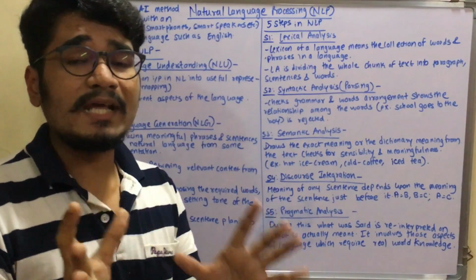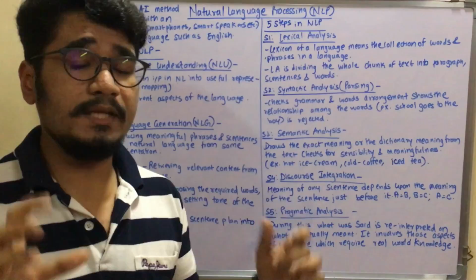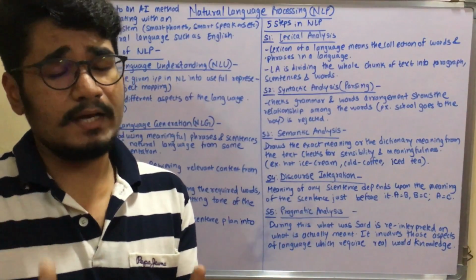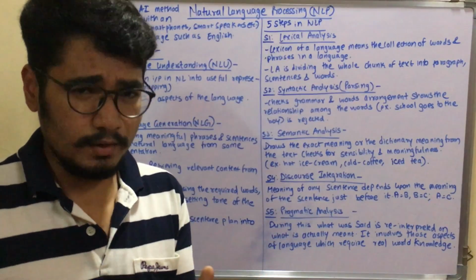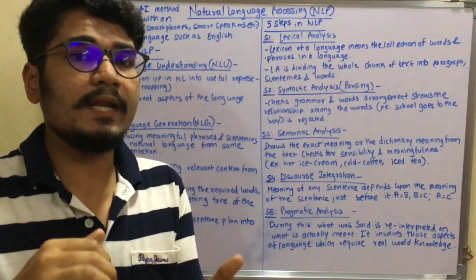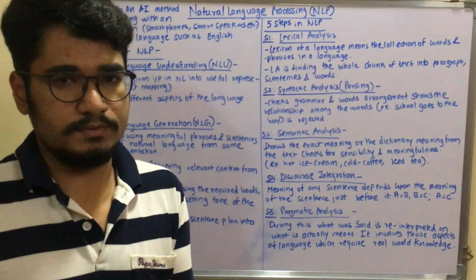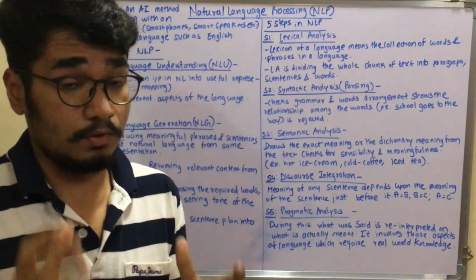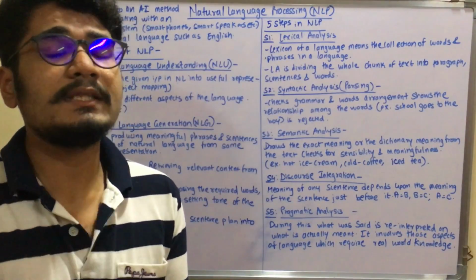For example, if I say "hot ice cream", what is ice cream? Basically it's a very cold object, a delicacy that you have as a dessert, so it cannot be hot. Whereas if I say "cold coffee", coffee is hot, but you can have cold coffee with ice and all those things. So in a different context, you have to identify what it actually means, or whether these things exist in the real world or not.